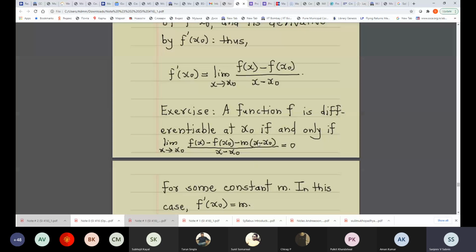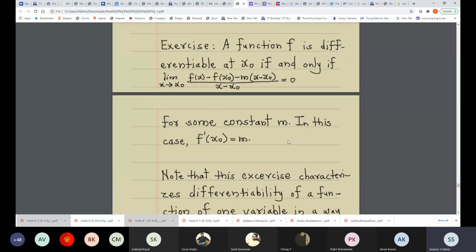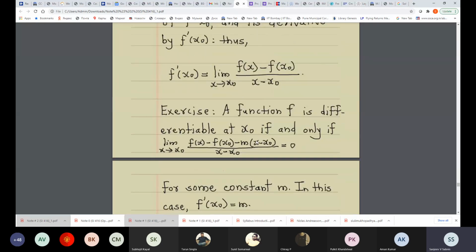This is the necessary and sufficient condition, again for a function from R to R, a function of one variable. It's very easy to see from here. And this m appearing here is nothing but f prime of x0. So we are familiar with this result, no big deal.